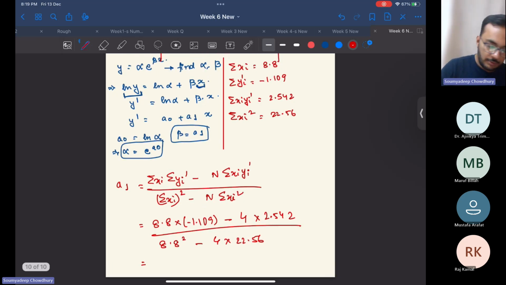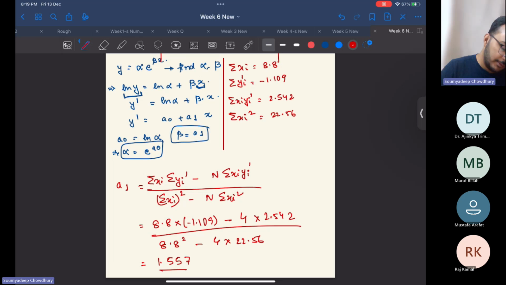If you substitute this, your a1 will come around 1.157.